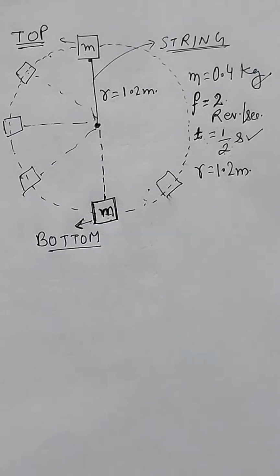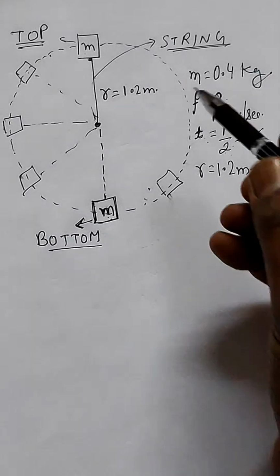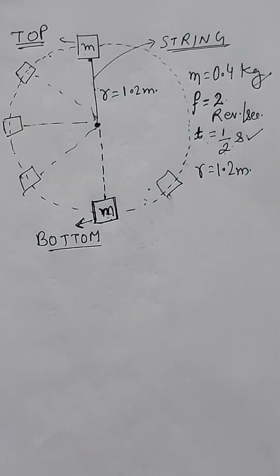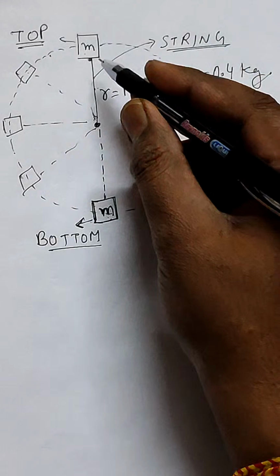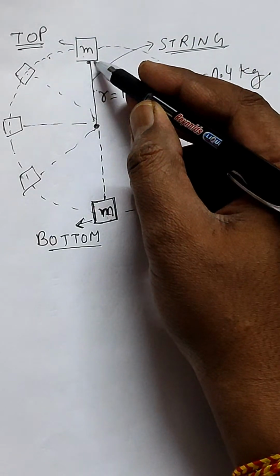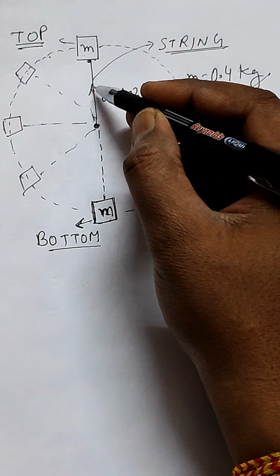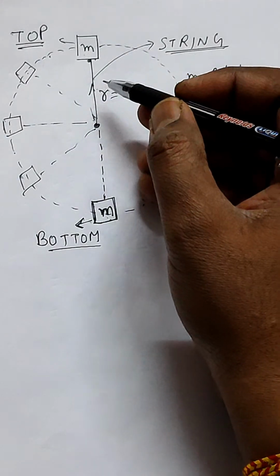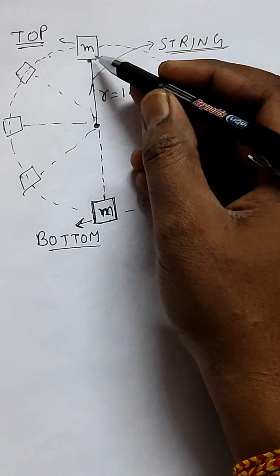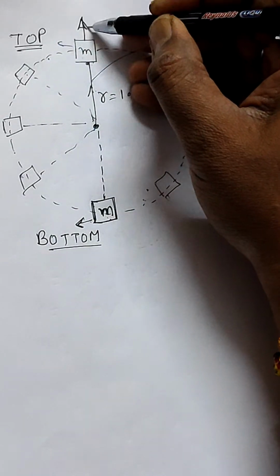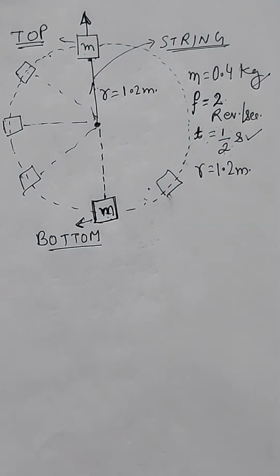Now in this question we need to find the tension in this string, right? So let us draw the free body diagram. Since the body is attached over here, you can see the tension will be acting like this, right? The centrifugal force will be acting in this direction, right?